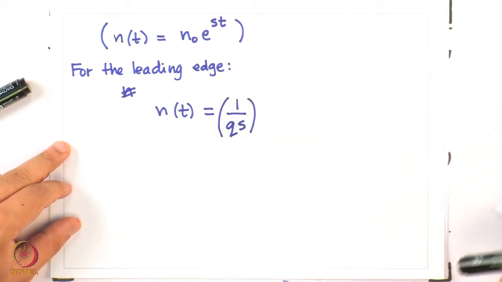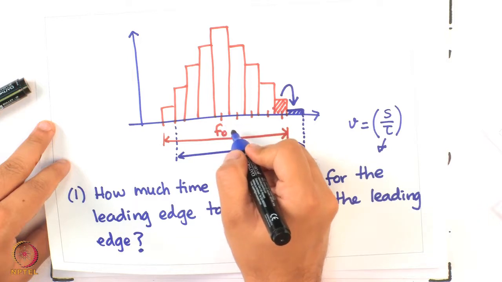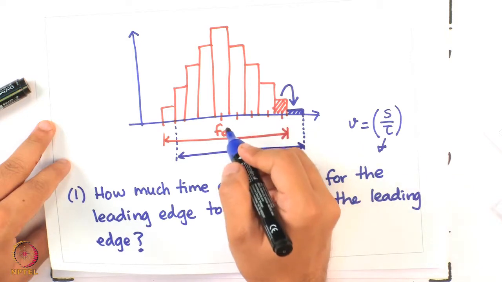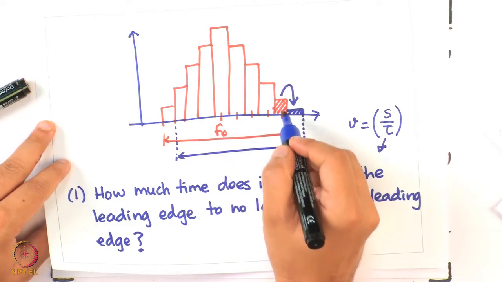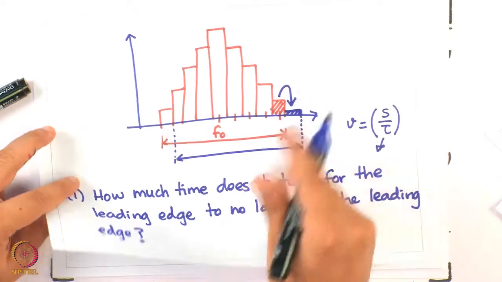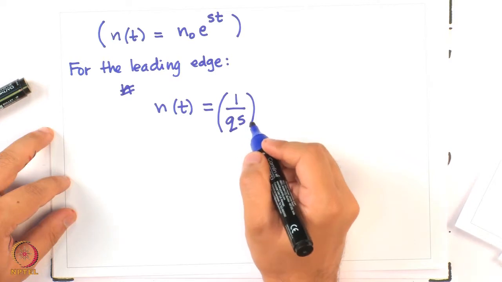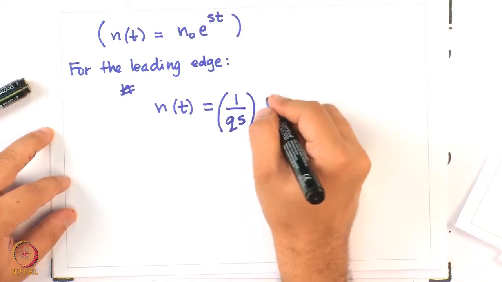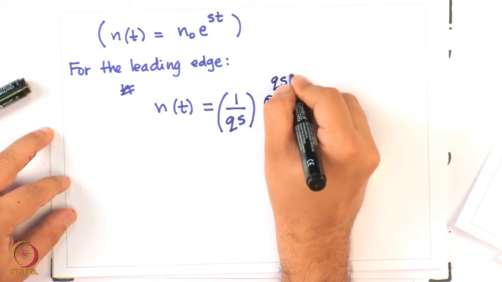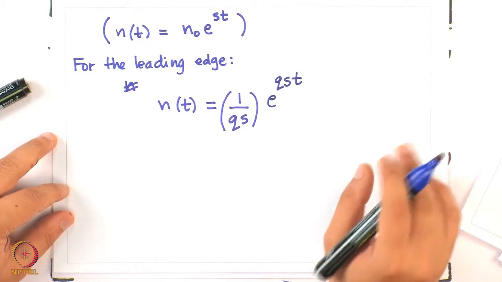Because remember, the advantage that the leading edge holds over the mean is exactly equal to QS. If the advantage that the leading edge holds over the mean is equal to QS, that means to become established, it needs 1 upon QS number of individuals in the population. So, when the leading edge has 1 upon QS individuals present in it, that is when it becomes established. After that, its growth is exponential, and again the growth factor is just QS into t. That is the rate at which the leading edge is growing.